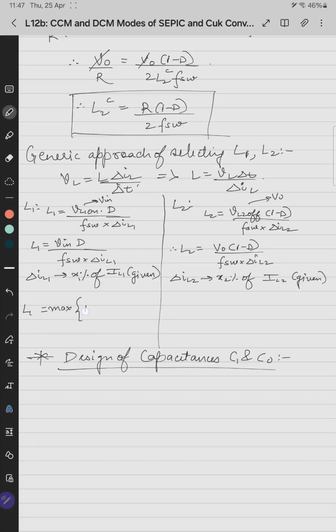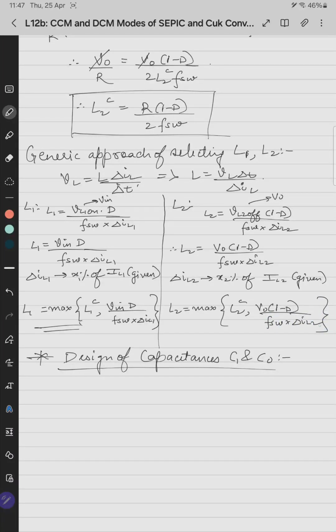L1 is the maximum of L1 critical, comma, V in D by F switching into delta IL1. This is how you select L1. L2 is similarly the maximum of L2 critical, comma, V0 into 1 minus D by F switching into delta IL2.